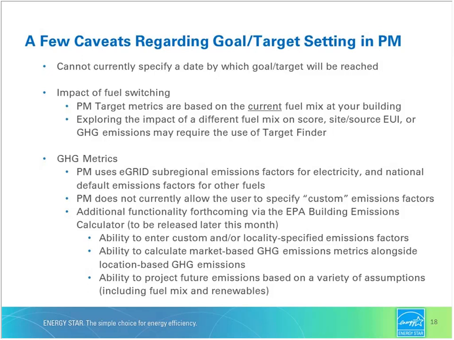And I just also wanted to note that EPA is closely monitoring the growth of policy drivers like building performance standards across the country, understands that this growing trend may generate new needs for reporting and goal setting, and EPA will be keeping an eye on these and considering how these might fit into future enhancement cycles for Portfolio Manager.